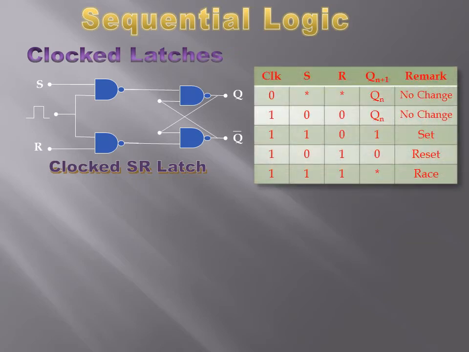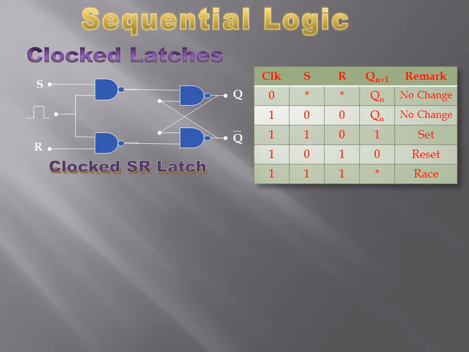According to this truth table, if the clock is 0, then S and R can be anything. There will be no change, meaning whatever was stored previously in the latch will remain there.